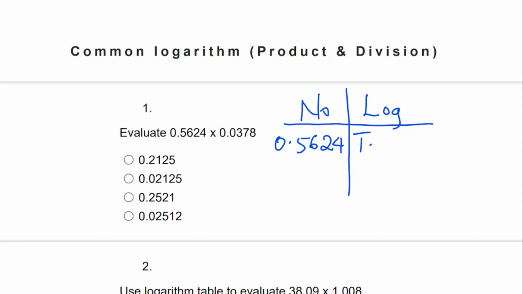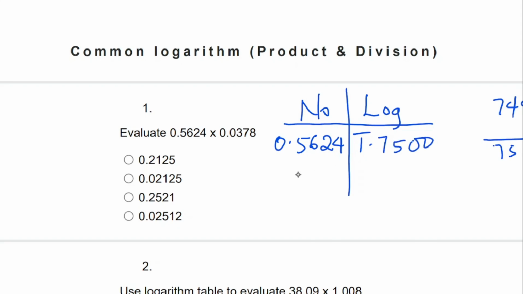We check 56 under 2, which gives 7497. Then we trace down to the difference of 4, which gives 3. When you add this together, you have 0.7500.